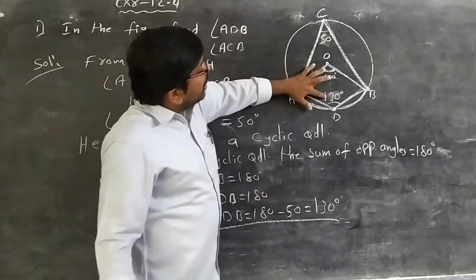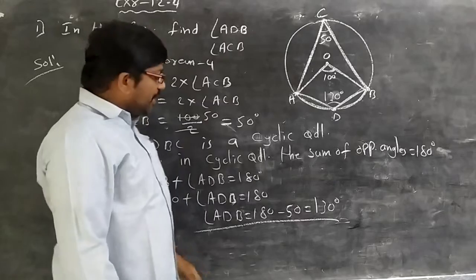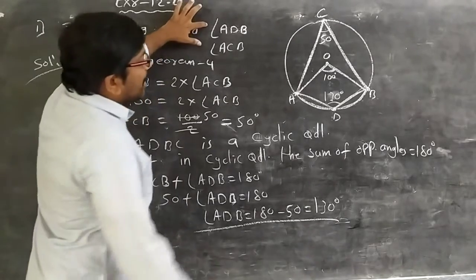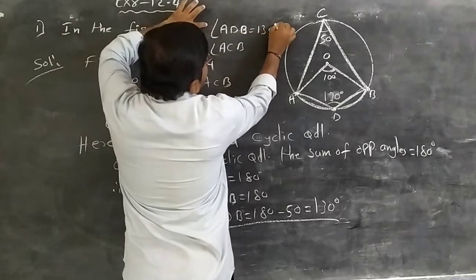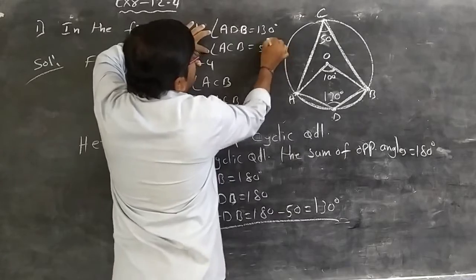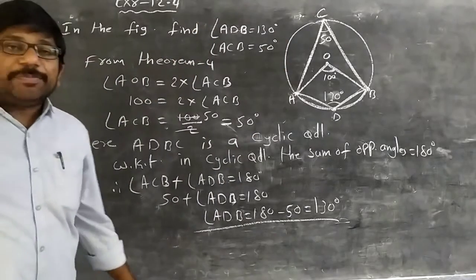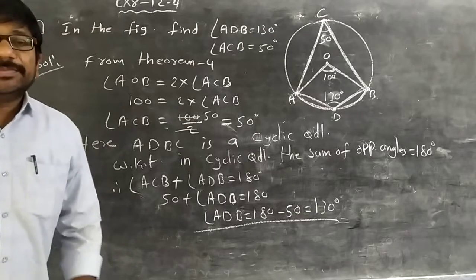See, 130 plus 50 is 180. Opposite angles are supplementary, right? So angle ADB is 130 degrees and ACB is 50 degrees. This type of problem is very, very important. Keep it in your mind and practice well.